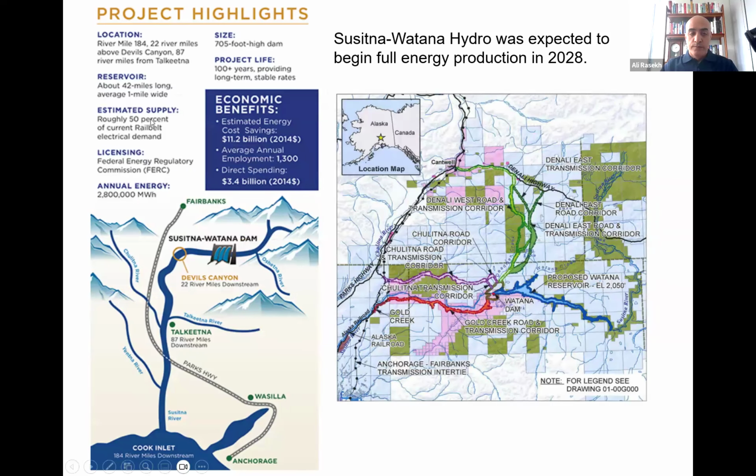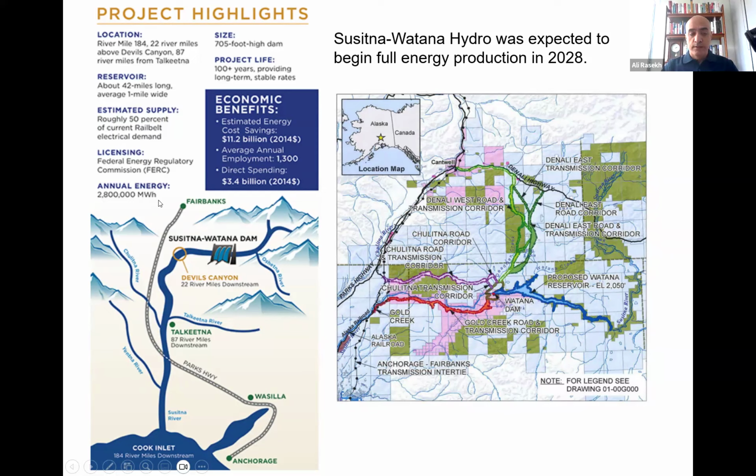And again, pulled out quickly from the website. This dam was going to be built in the state of Alaska in the US. Big picture, it is close to Anchorage, but probably a few hundred kilometers, not too close. The idea was to build it for energy generation.